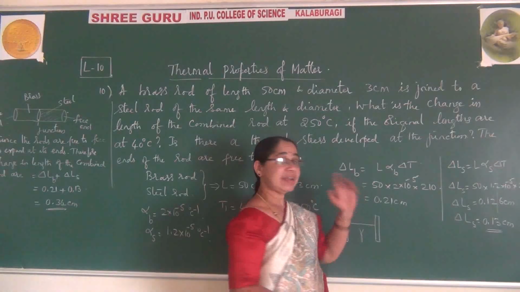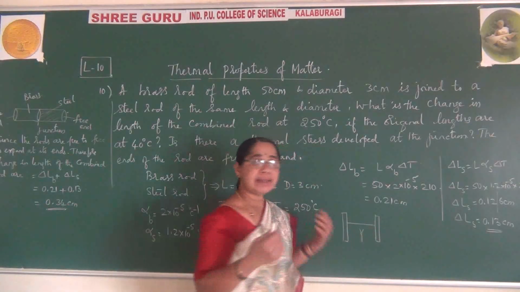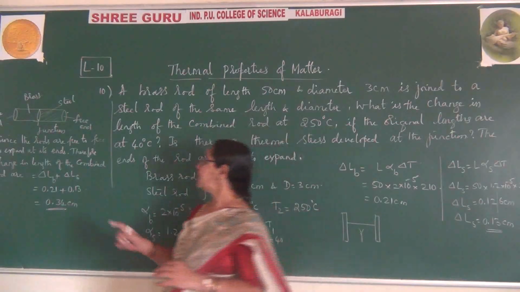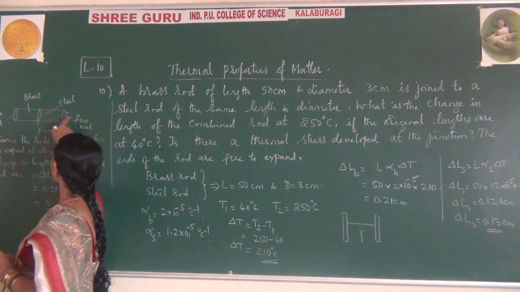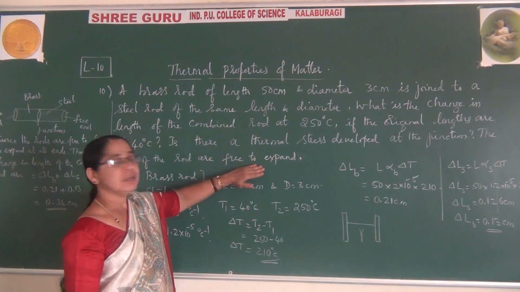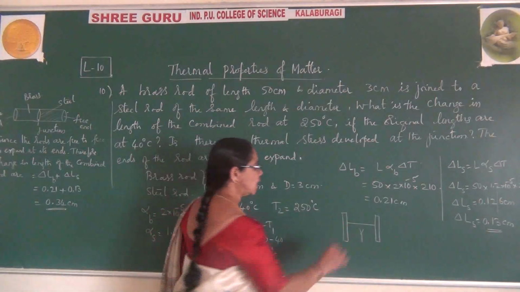That concept we have learnt under thermal stress. But here they have already said that at the ends there is no rigid support, it is free to expand. They have given that in the question itself, so you need not think of the ends.